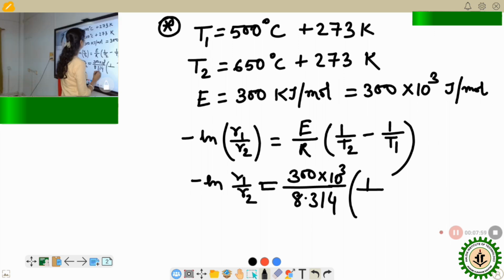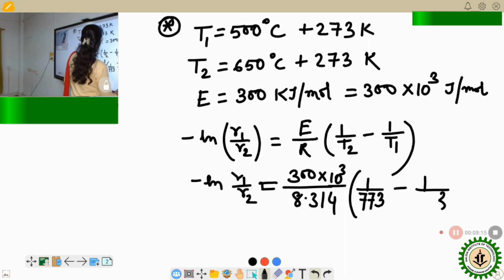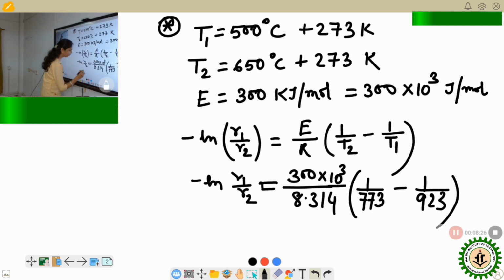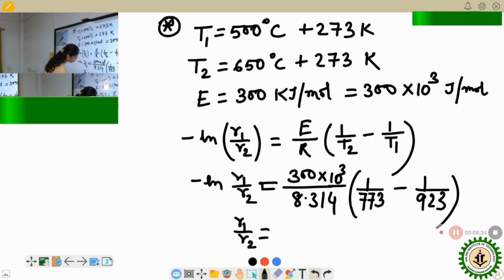1 by T2, that is the temperature, minus 1 by T1. If we do that, we'll get the value, and to get R1 by R2, we will take e to the power of this value.